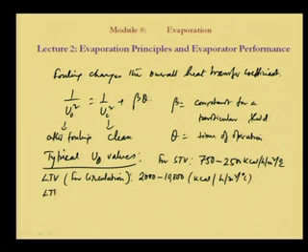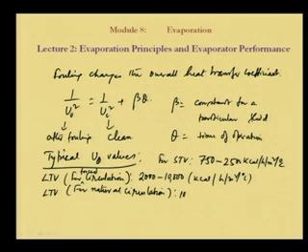Then for LTV with natural circulation, the value will be less, 1000 to 3000 roughly, same unit, while for forced circulation the value is very high.